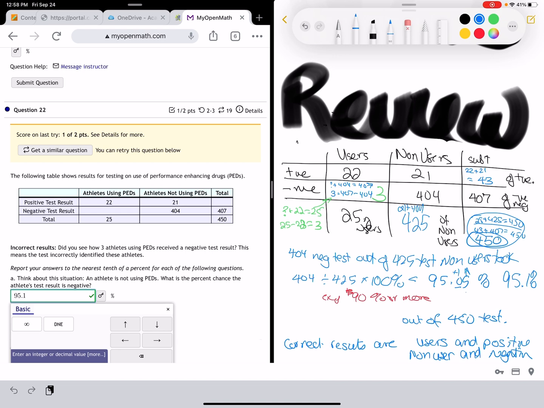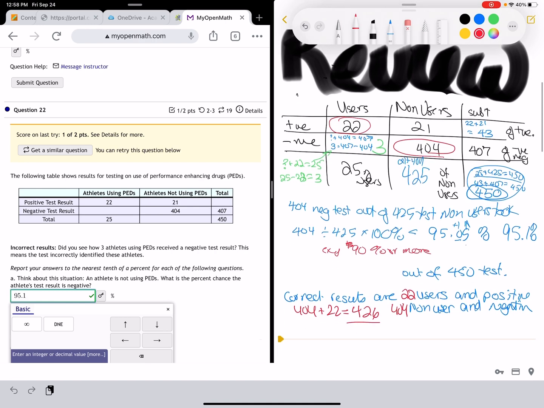So users and positive is this number, so that's 22, and non-users and negative was this number, 404. So we add them together and we get 404 plus 22, and we get 426. So this is 426 out of 450.